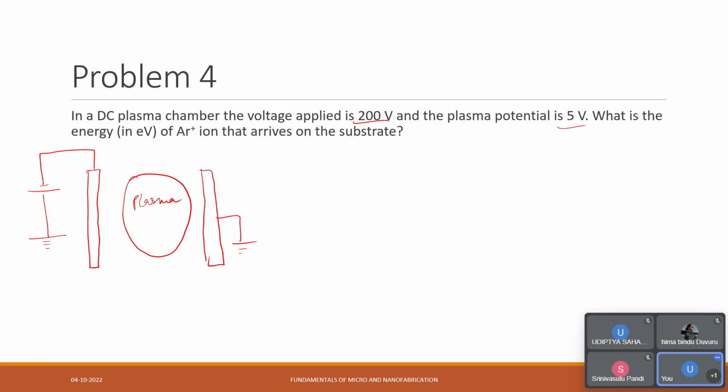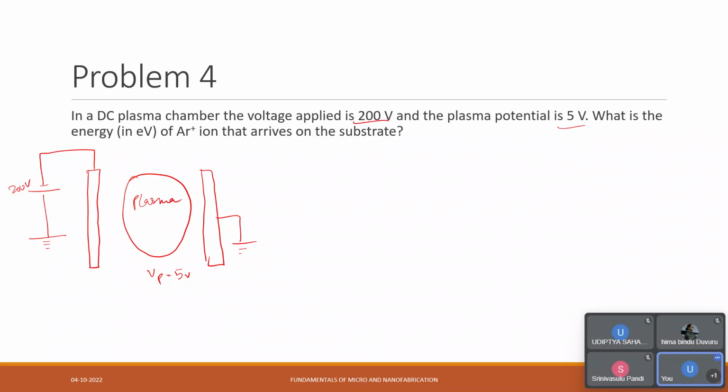So what happens is, we told that the voltage applied is 200 volt. Essentially this is the 200 volt that we are applying, and this is the plasma potential, so Vp equal to 5 volt.